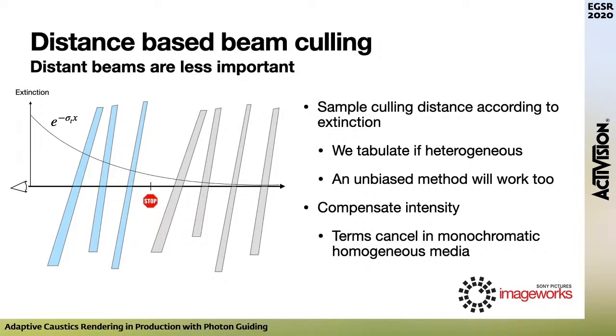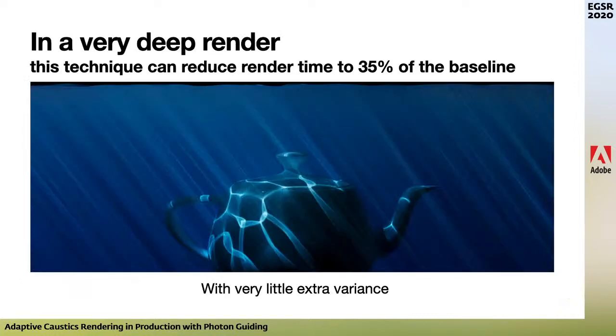And for the rest, you merge them, compensating, taking into account the probability of not pruning that beam. That's going to save a lot of work, especially on deep scenes, like this one. This render is much faster thanks to this trick. But the problem still remains unsolved because this method is very clean.